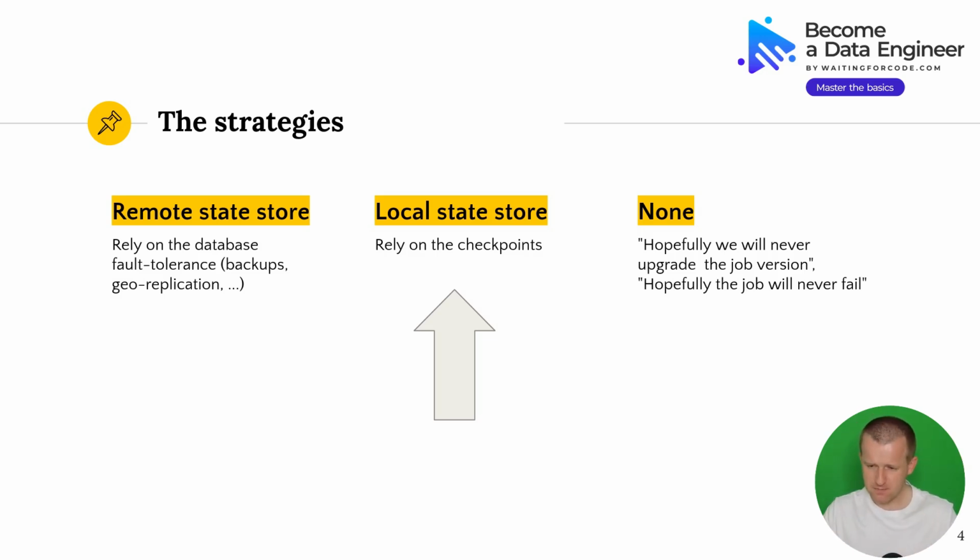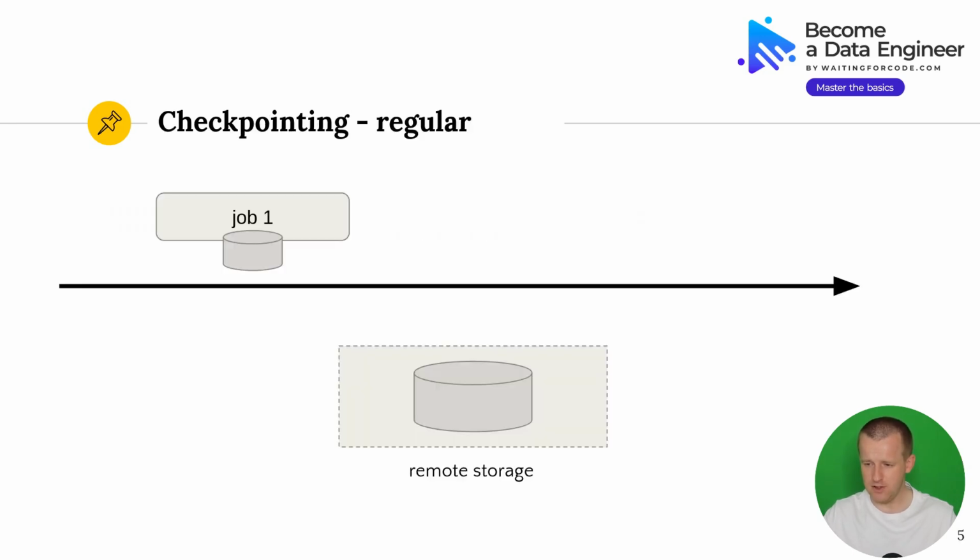But as I said, when you use a remote state store, it's already a kind of checkpoint mechanism, and instead of focusing on checkpointing on the state store, you should rather ensure fault tolerance on your database, for example by providing backups, geo-replication, and stuff like that. So let's stay focused and analyze what's happening for the local state store and the checkpoints.